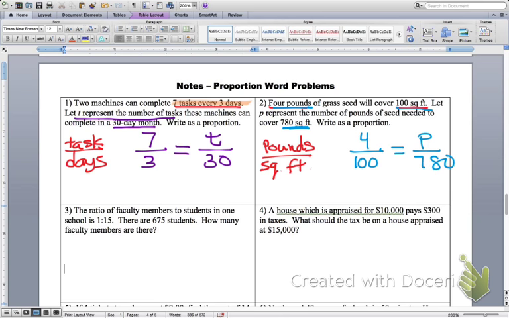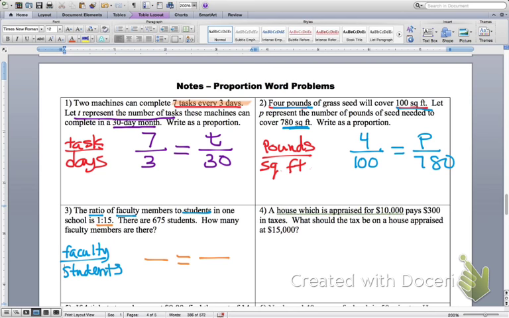Let's go ahead and move on to number 3. The ratio of faculty members to students in one school is 1 to 15. So we're talking about the ratio of teachers, faculty members, and students. So we're going to put faculty over students. Set up our ratio. So the ratio is 1 to 15.